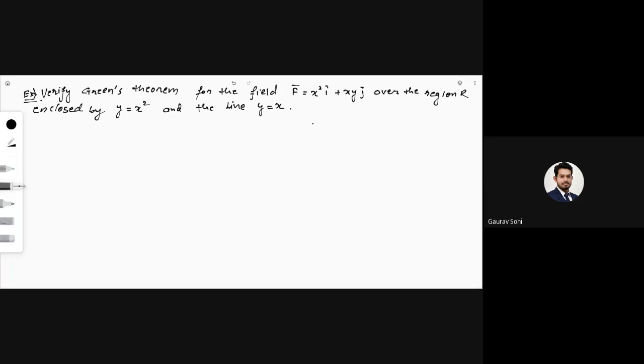Let me just write down the statement first of all. Under Green's theorem, say you take the line integral over the closed curve C, f bar dot dr bar. In that case, this will be equal to the double integral over the area enclosed by this closed curve of, in terms of f bar, f2 with respect to x minus f1 with respect to y, dx dy.